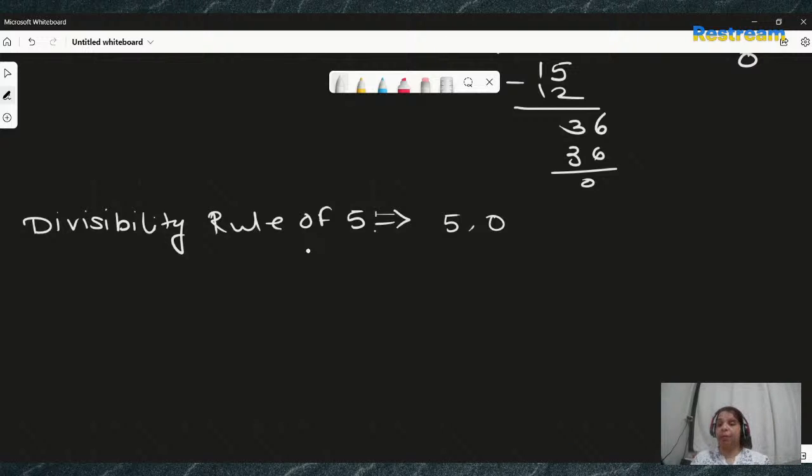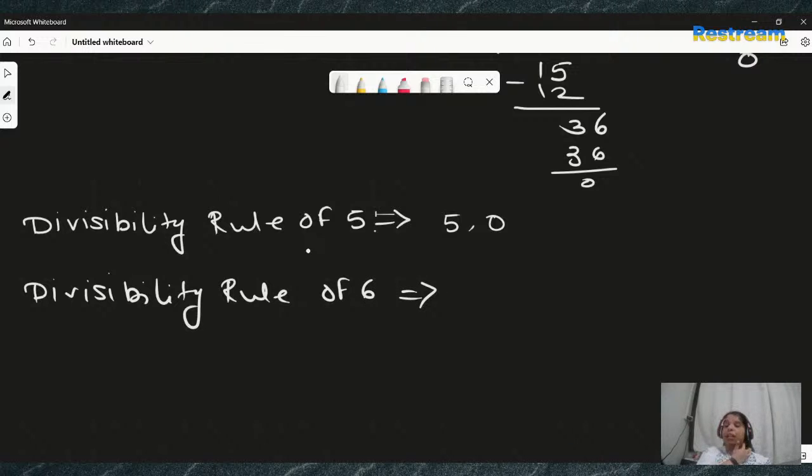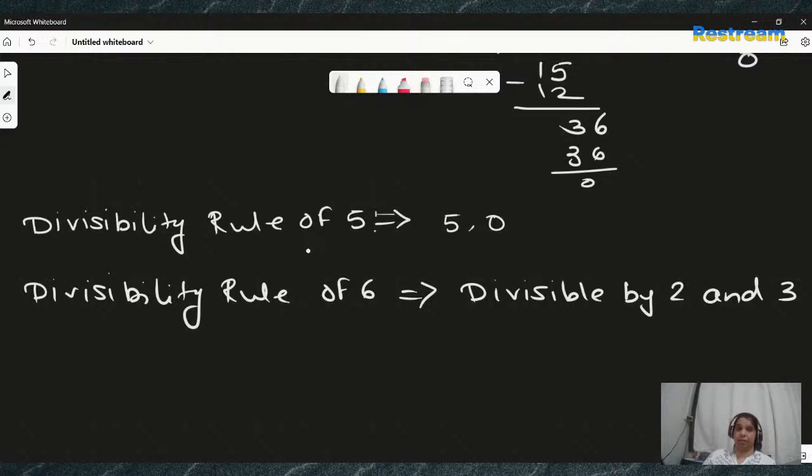Next one is divisibility rule of 6. This rule states that if any number is divisible by 2 and 3, not or, and, so the number has to be divisible by both the numbers, then it is divisible by 6.